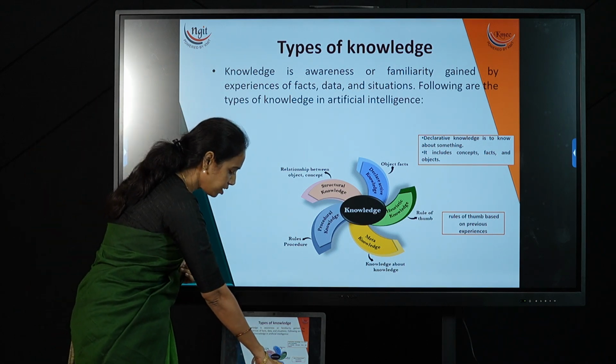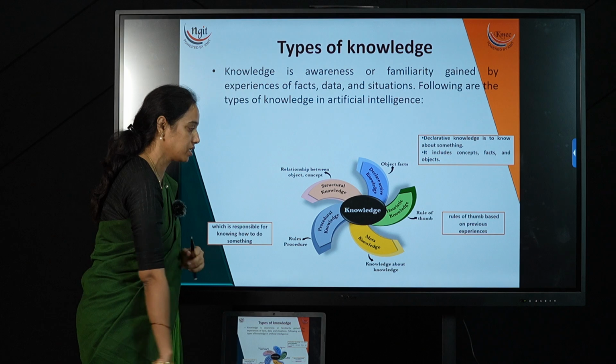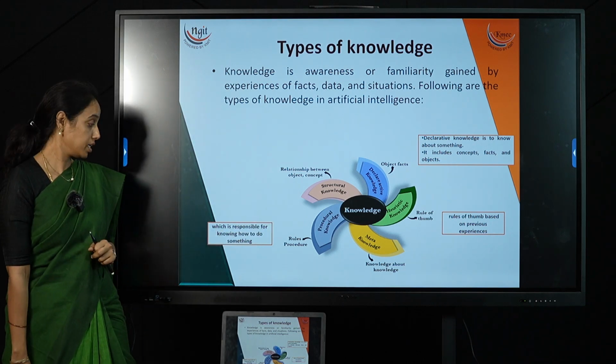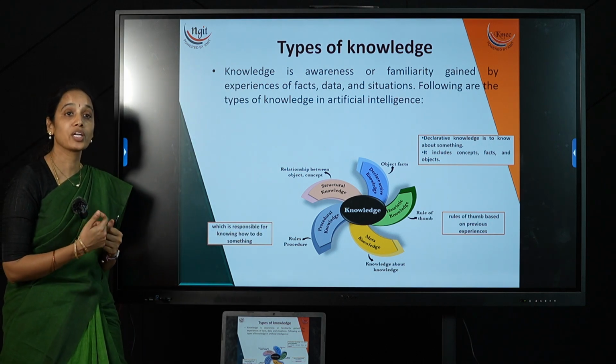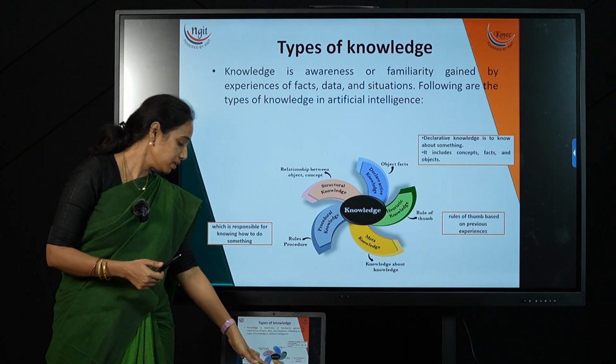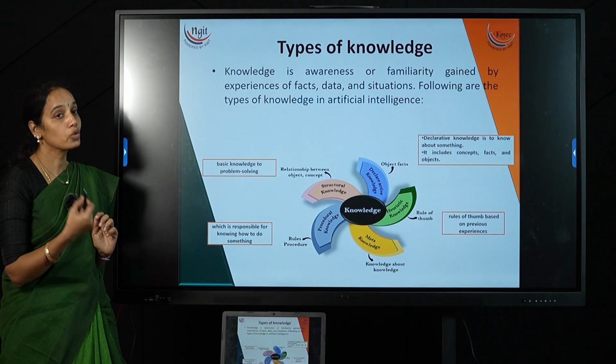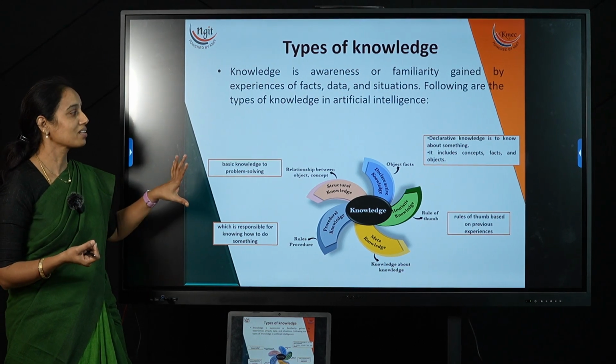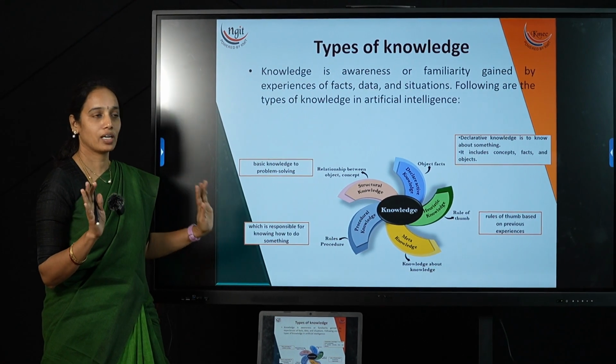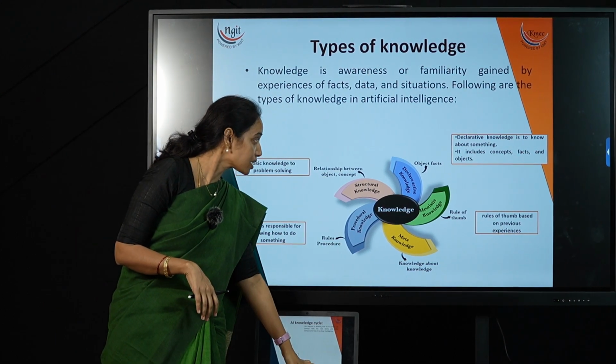Then meta knowledge, we know that it is knowledge about knowledge. Then the procedural knowledge is responsible for knowing how to do things. And then the structural knowledge is the basic knowledge for problem solving. So these are the types of knowledge we can give for a particular knowledge-based agent.